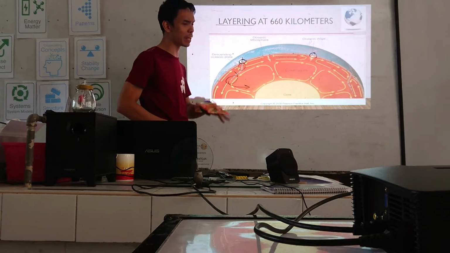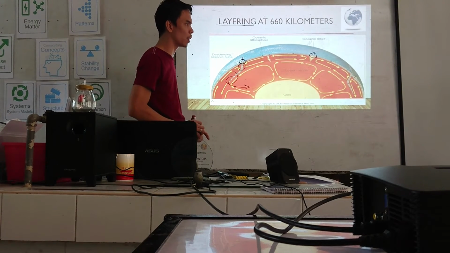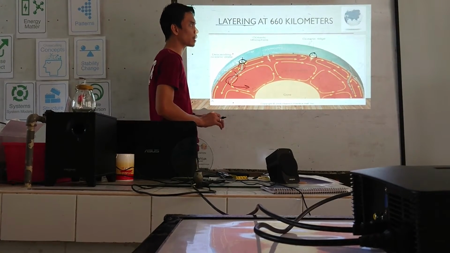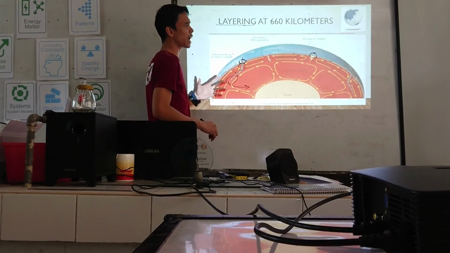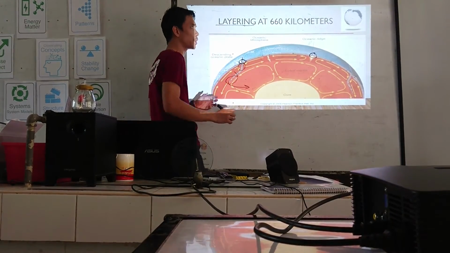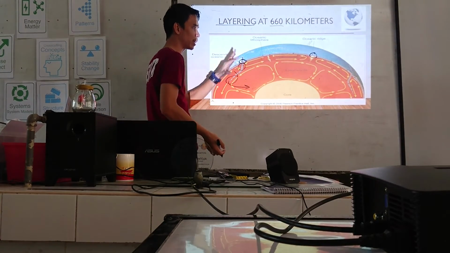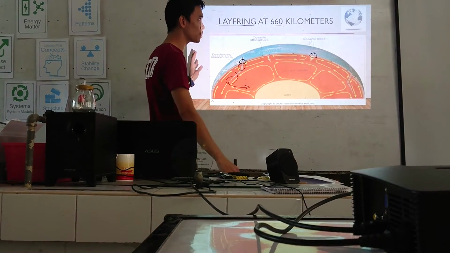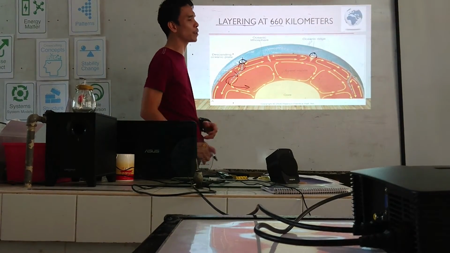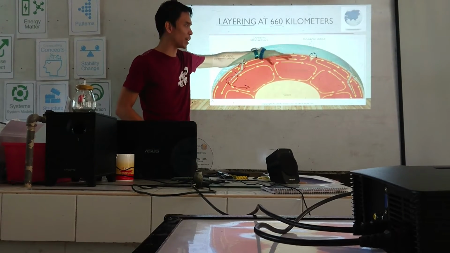Using the seismic data from an earthquake, it was inaccurately measured that convection is likely to happen at around 660 kilometers. According to some geologists and that seismic data, 660 kilometers is somehow an inaccurate distance for each layer.